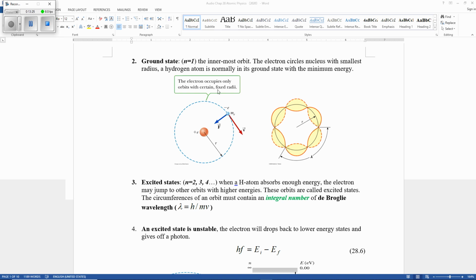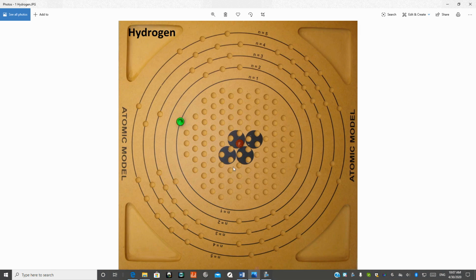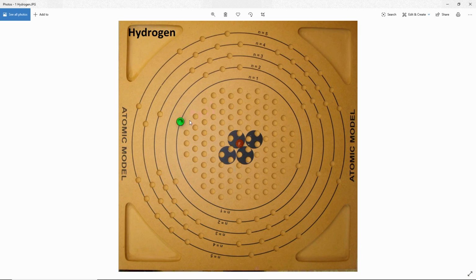The other circles, the excited states, have quantum number equal to 2, 3, or 4. See this demonstration: one circle n equals 1, n equals 2, n equals 3. When you give energy to the atoms, the electron will go to a higher energy state.